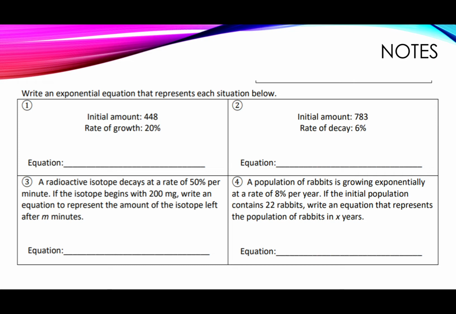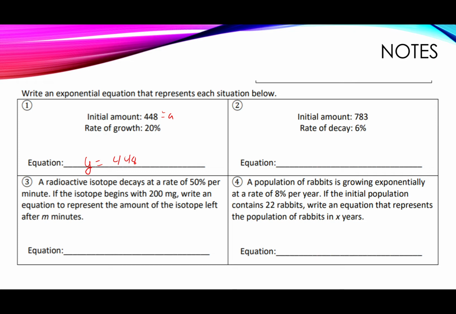So let's take a look at something here. We need to write some equations, and this is mostly what the questions will be over on the STAR test, is make sure that you can actually write the equation. And so, look, my initial amount is 448. That's my a.